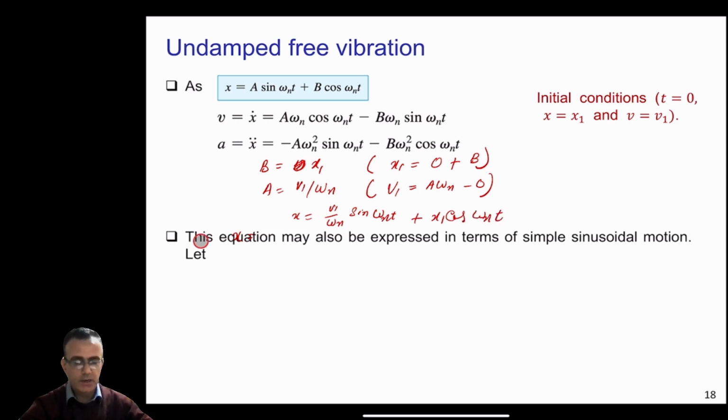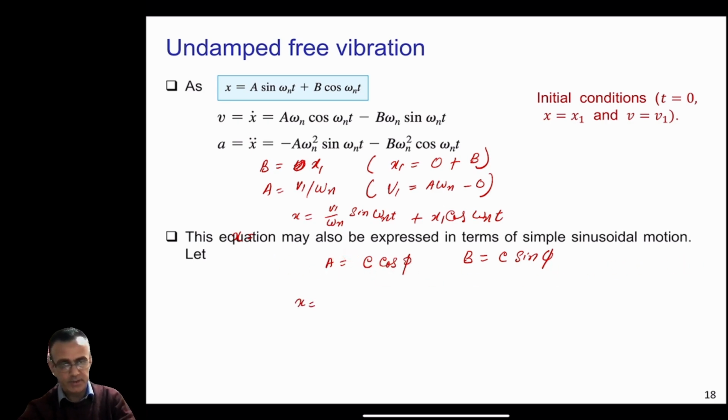Now we know that this equation may be expressed in terms of a simple sinusoidal equation, and we can represent it in a different form. If we say that a is equal to c cos phi and b is equal to c sine phi, then x becomes equal to c cos phi sine omega nt plus c sine phi cos omega nt.